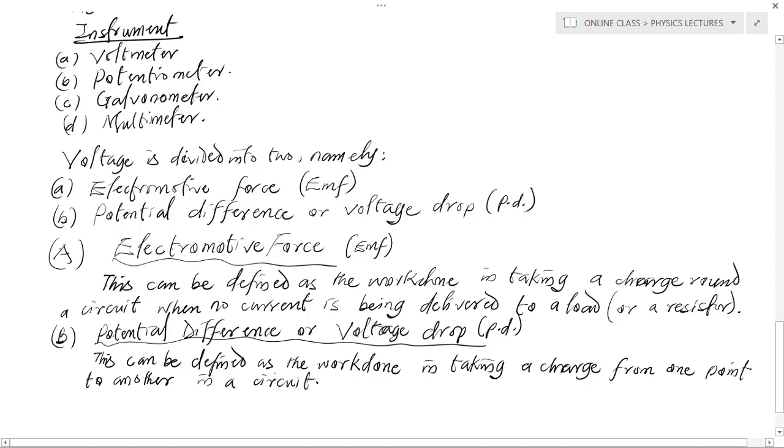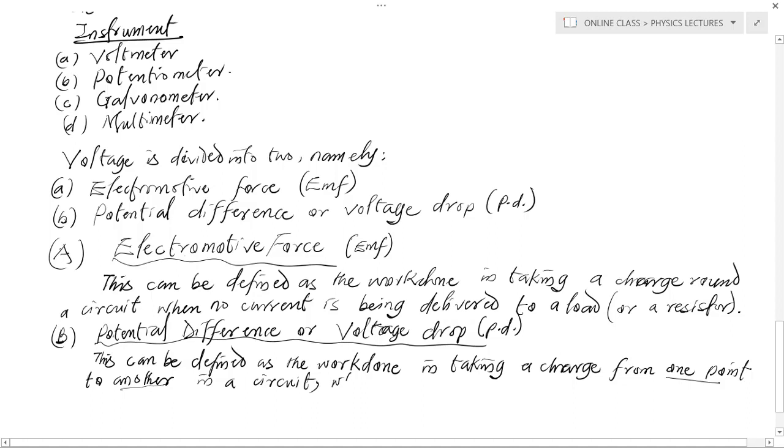So you can see that this one is from a point to another point. So that at a point you have a potential, at another point you have a potential. So the voltage is dropped there. I will explain further in this.